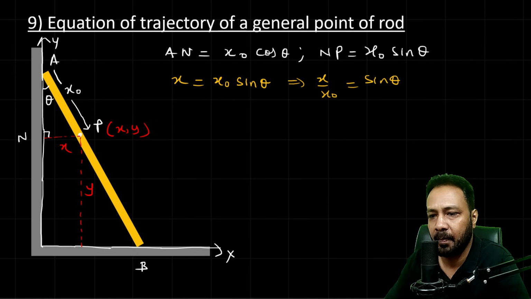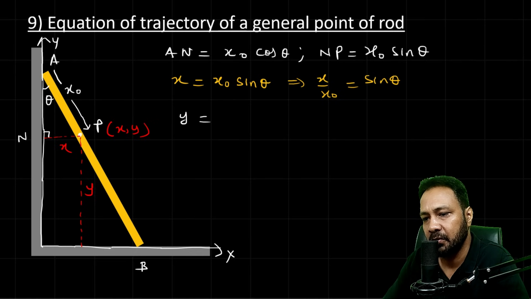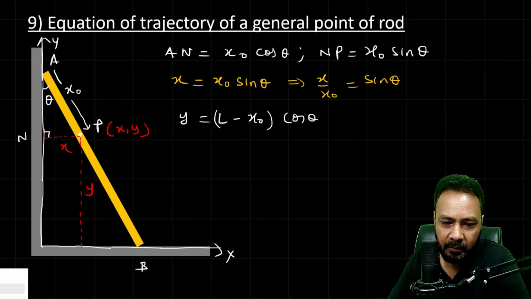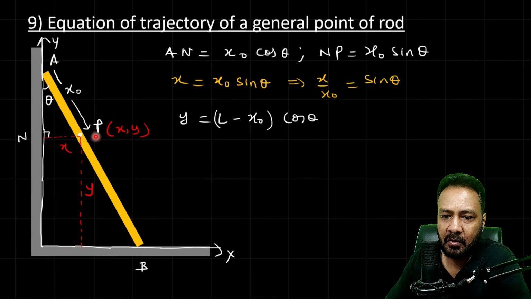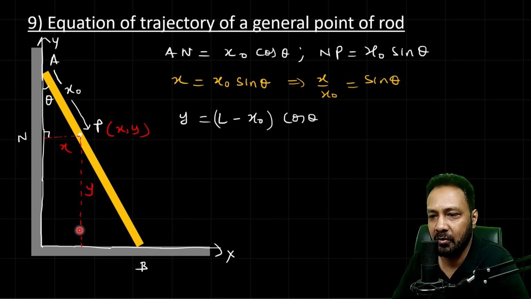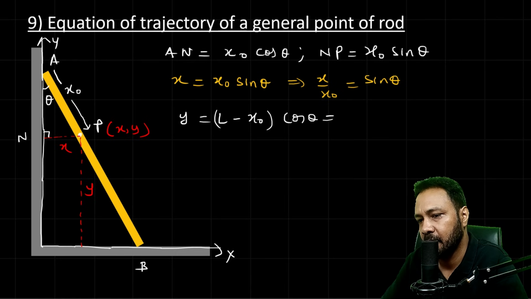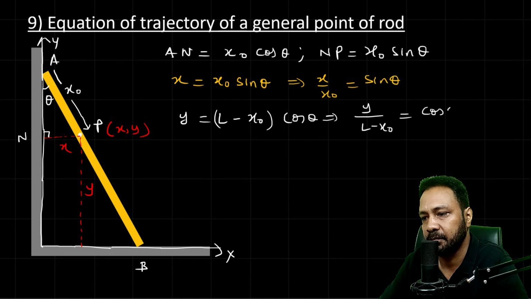So y is equal to L minus x naught cos theta. Now directly I could have written from here itself. This is x naught, this whole thing is L, so that is L minus x naught, and this is theta, so y is equal to L minus x naught cos theta. So y divided by L minus x naught is cos theta.